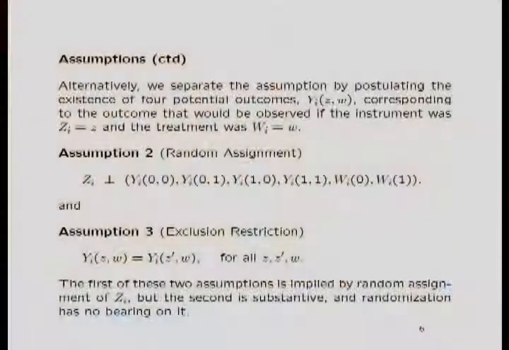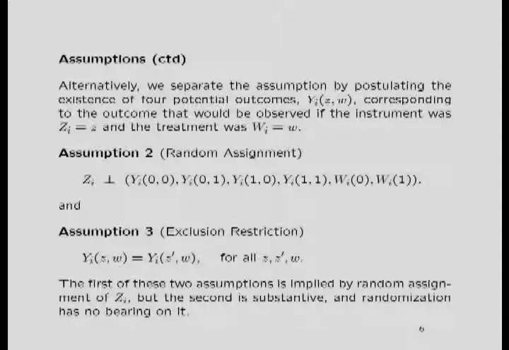In addition, we need what is called here the exclusion restriction, that Yi(C, W) is the same as Yi(C', W) for all values C' and W. So what this is really saying is that for any individual, changing their C doesn't change their outcome if we keep them at the same level of the treatment.